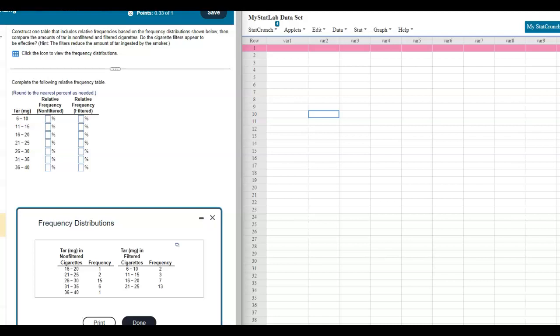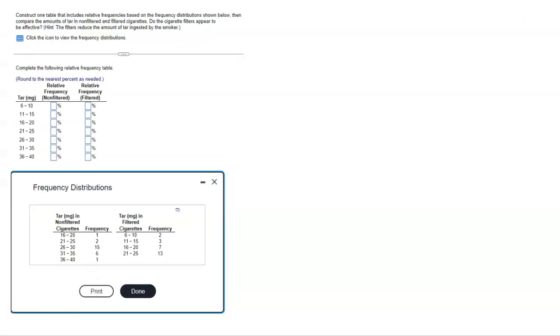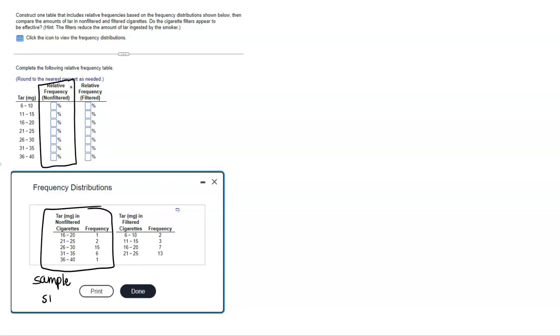Let's take a look at this first column here for non-filtered cigarettes. That corresponds with this frequency distribution here. We can get the sample size from adding up all of the frequencies. So 1 plus 2 plus 15 plus 6 plus 1 gives us a sample size of 25.